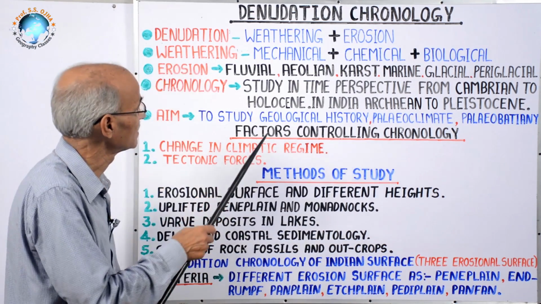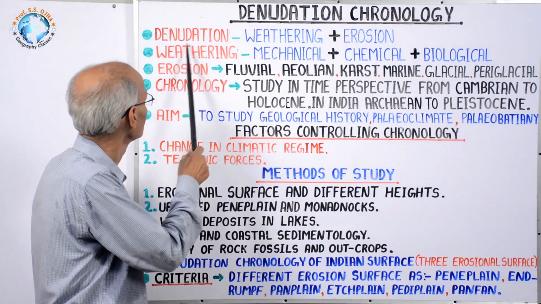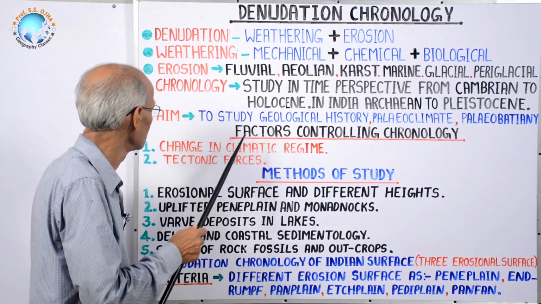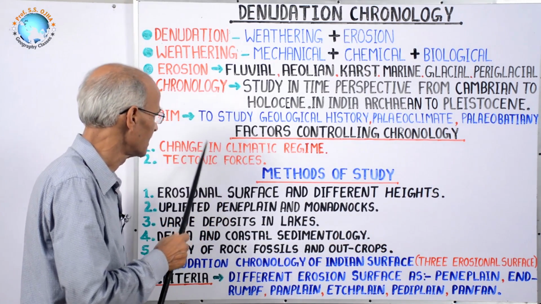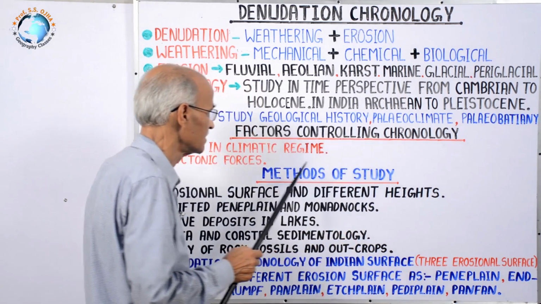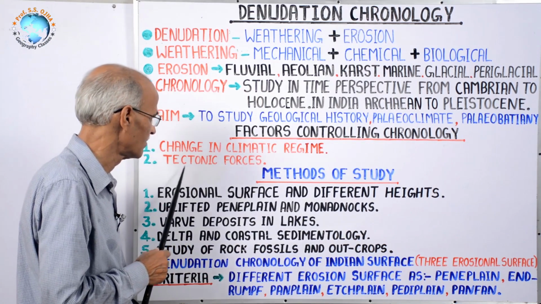So this is about denudation chronology, wherein first you will define what is denudation, then second you will define what is chronology, then its aim, then you will discuss the factors controlling this chronology. Mainly two factors, these need elaboration.